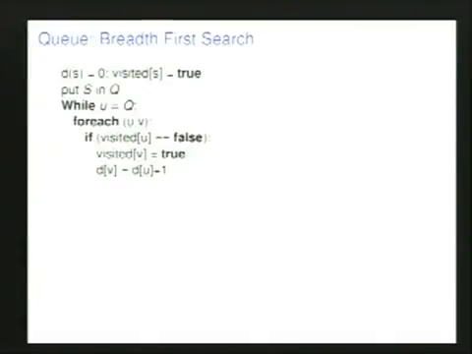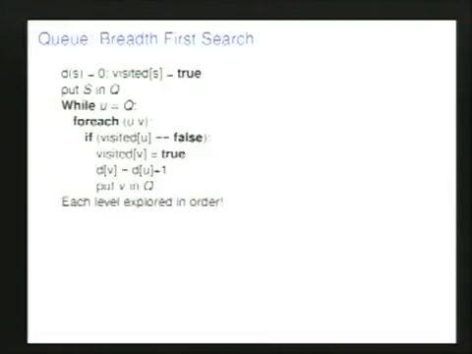If you're not already off the table or in the queue, I discovered you, so I know the distance to me is D of U, so the distance to you is at most D of U plus 1, because you could always go through me and take one more edge. And then you put V in the queue.